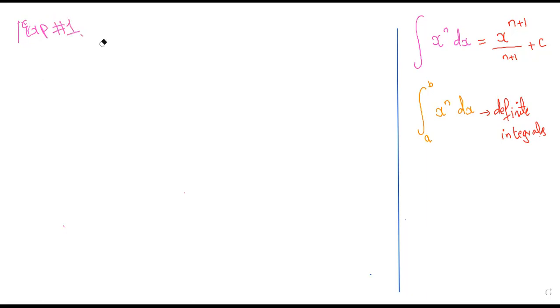Example number 1. Let's talk about a simple example.